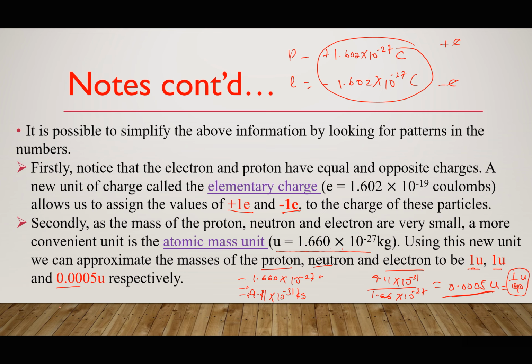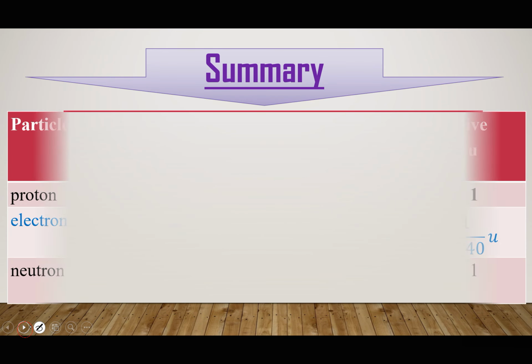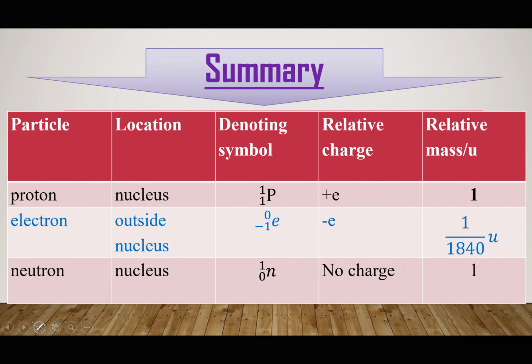So this can therefore be summarized as shown here. In summary, a proton would be denoted as P 1 1, an electron will be denoted as E 0 minus 1. Later on, we shall also denote an electron as beta, 0 negative 1, after we have talked about beta particles.